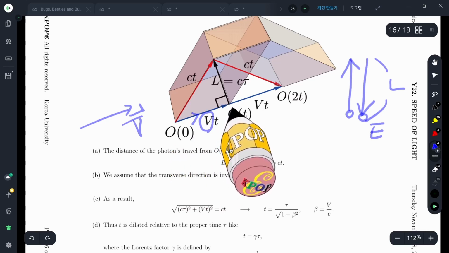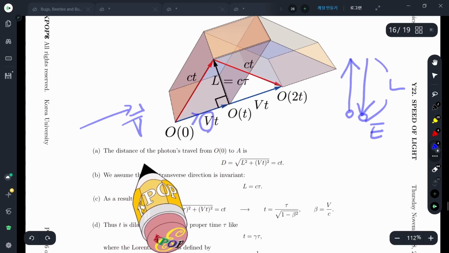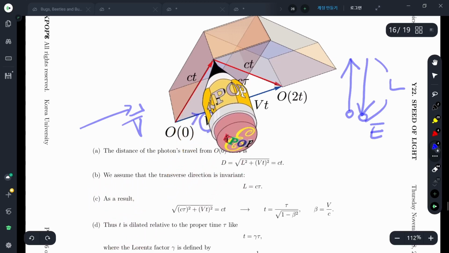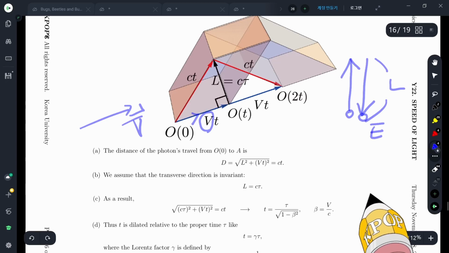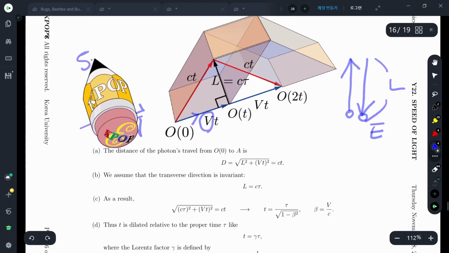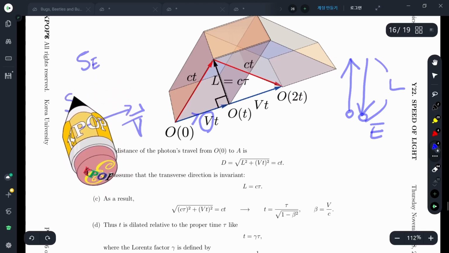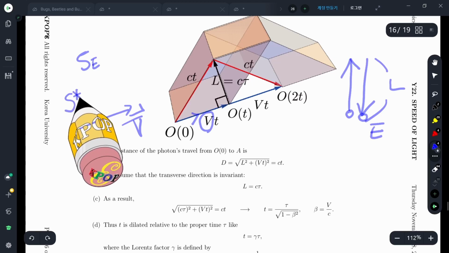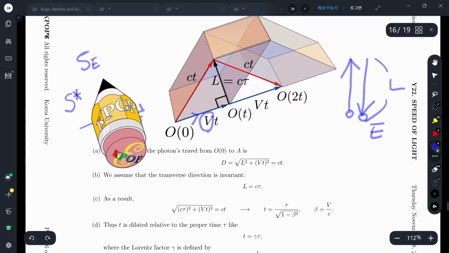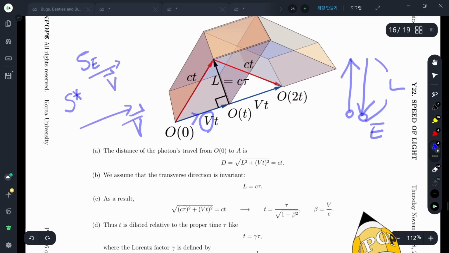The actual distance of travel in that frame of reference, the light travels along this way. In the two frames of reference, S, and we previously used S star. In S star, Earth is moving with the velocity v.